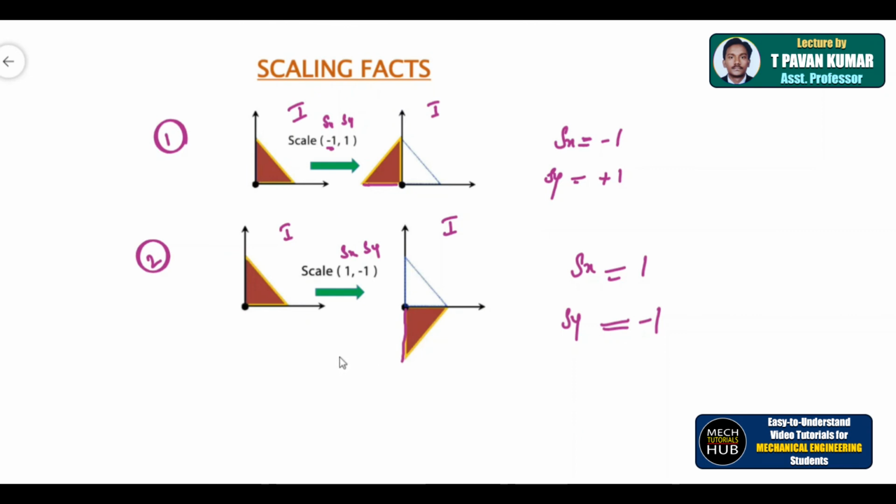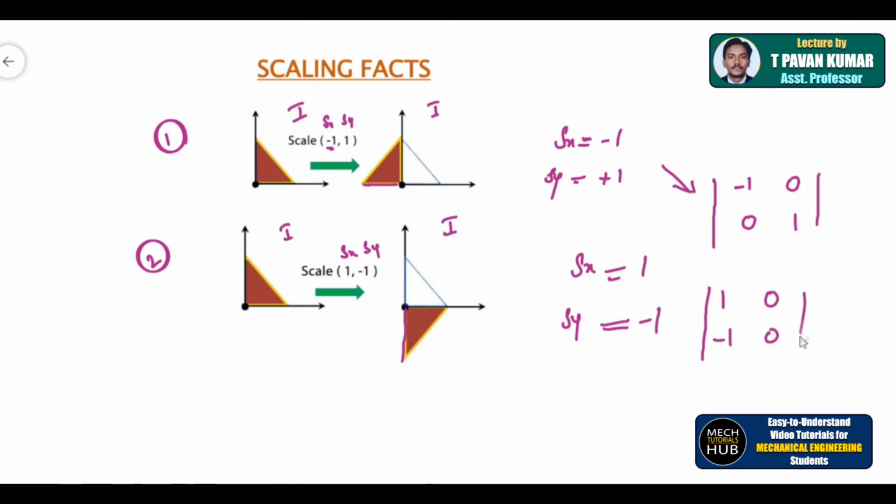As I said in the beginning, a negative symbol on any of the values matters a lot, whether it is rotation or scaling or translation. So the matrix can be written in this way: minus 1, 0, 0, 1. And here the matrix can be written like 1, 0, 0, minus 1.